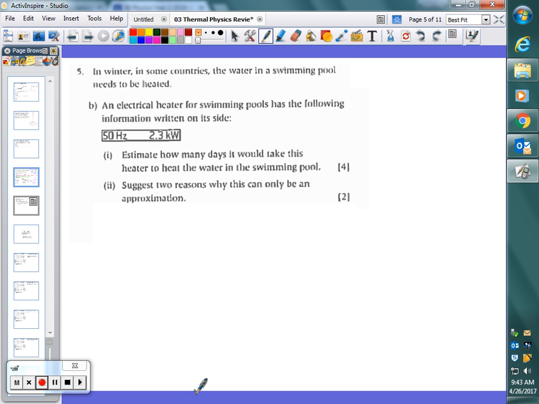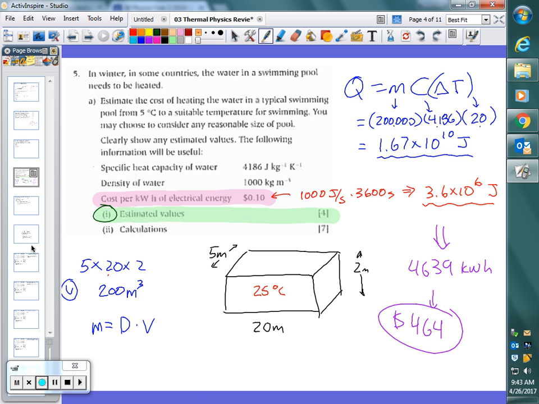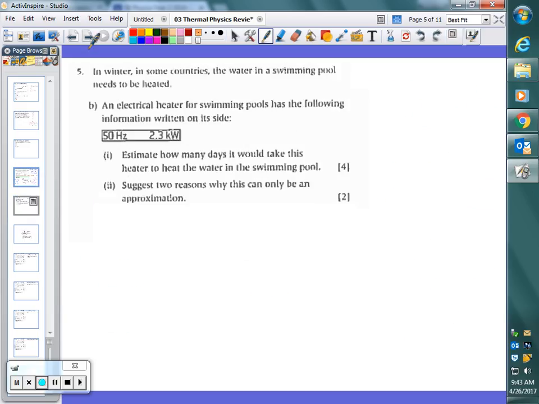All right? So we knew from the previous problem that this is the number of kilowatt hours that it takes to heat the swimming pool to that temperature: 4639.